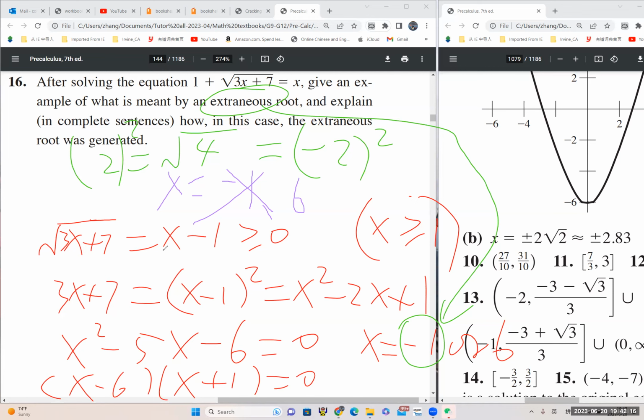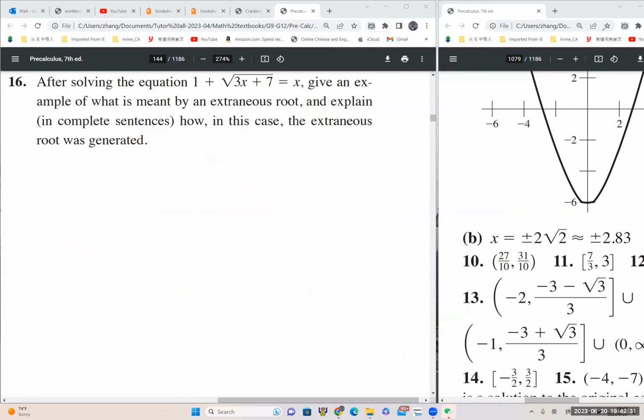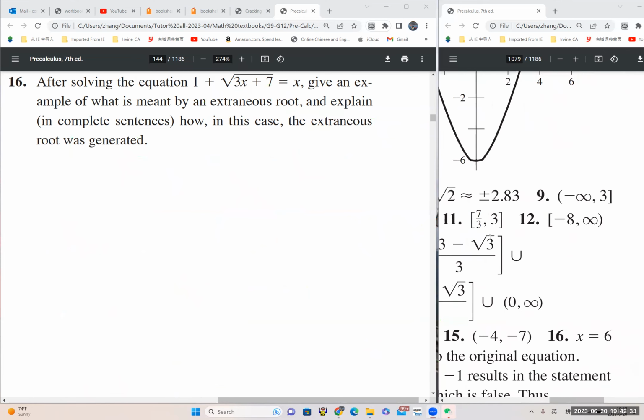That's why we get an extraneous root. I found my mistake: when I factorized, I moved 1 to the other side and still had a +1. Okay, anyway, this is the only correct root.